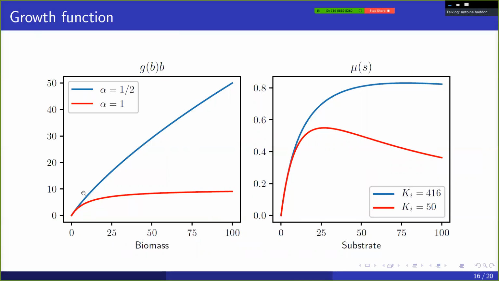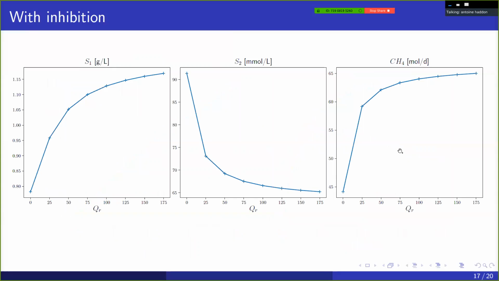And again, we were only considering a very limited amount of biomass inhibition. And so if we considered more inhibition, the red curves here, more inhibition for biomass and in terms of substrate inhibition, what we obtain is a completely different picture.